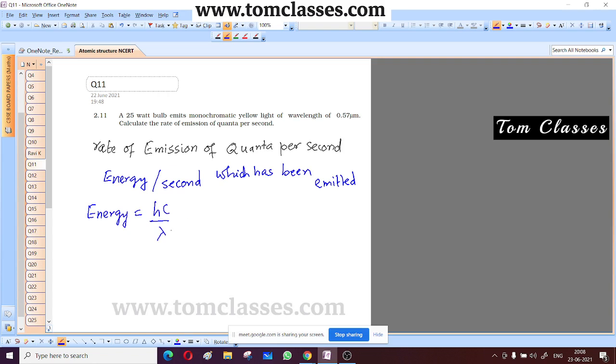What is h? It is 6.63 into 10 to power minus 34 joule seconds, multiplied with 3 into 10 to power 8 meter per second, the speed of light, divided by 0.57 micrometer. Micro is 10 to power minus 6 meter. So this much energy.